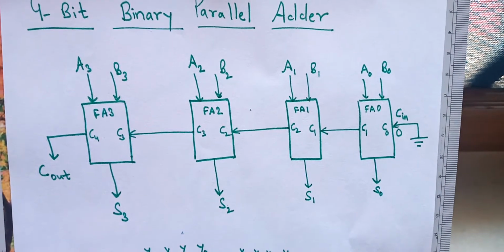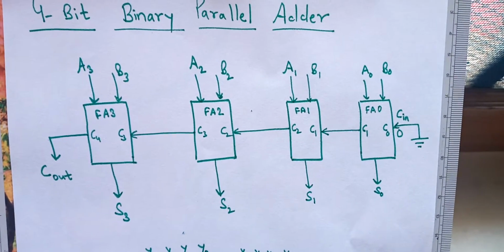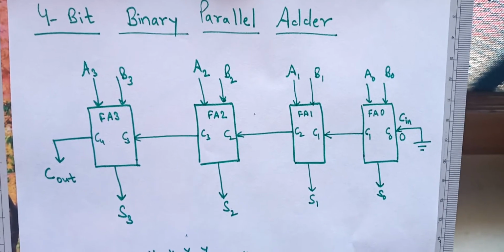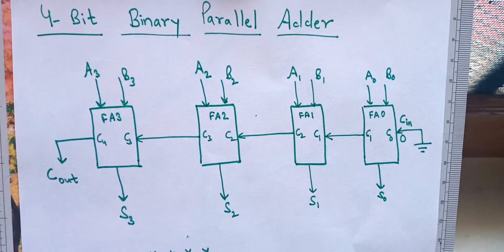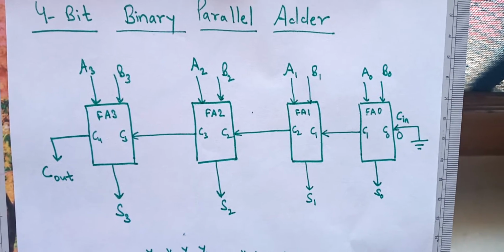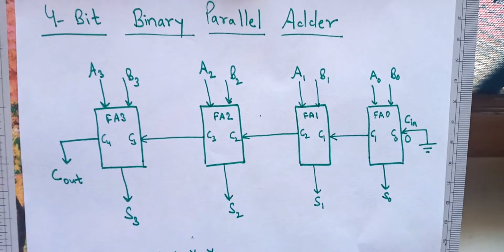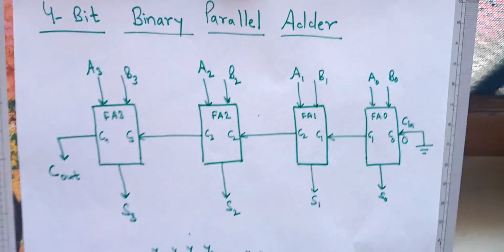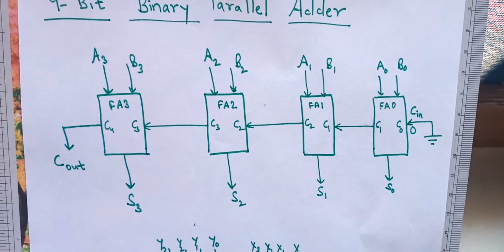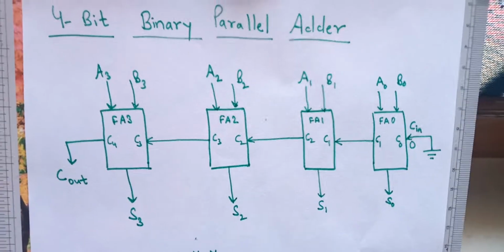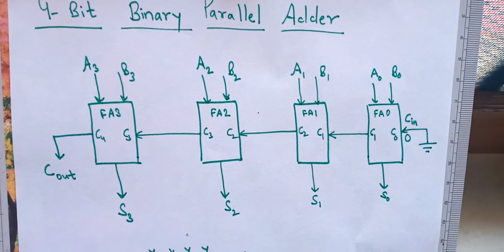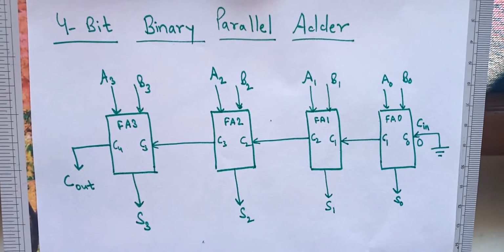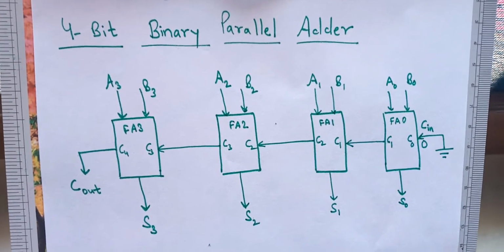So there is no input carry initially. We add A0 and B0 in the full adder, and the outputs are S0 and C1. S0 we get as the output here, and C1 is a carry generated from the least significant bit addition, and this carry will become an input for full adder 1.